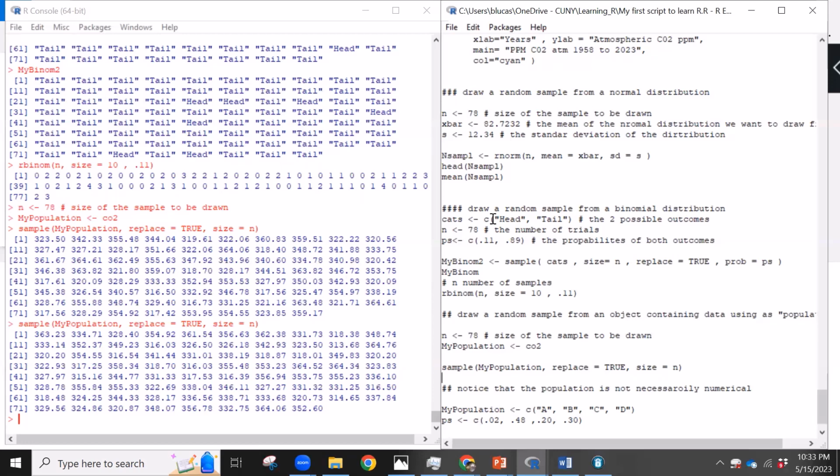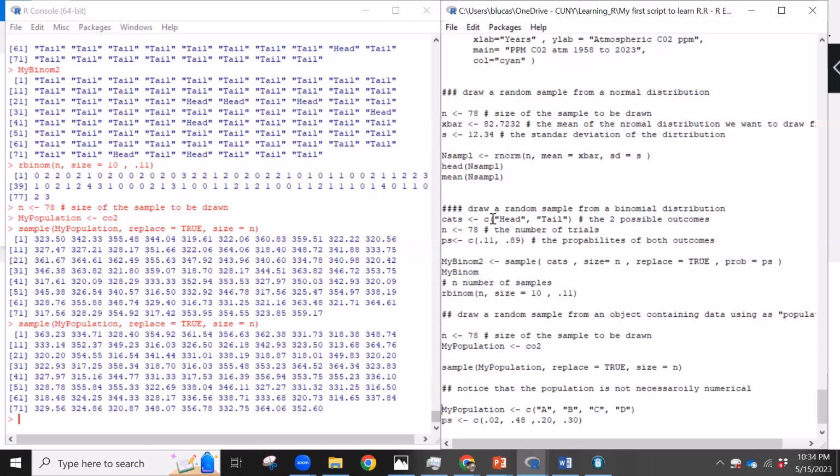If I would put replace equals false, then once you remove the first individual from your bag where you're drawing, you instantly increase the probability for every other individual of your bag of measurements. You take the second one, now same thing, all of the individuals that stay here, their probability of being picked at the next trial keeps on increasing over time. We want each individual to have the same probability to be picked. That's why we put replace equals true.